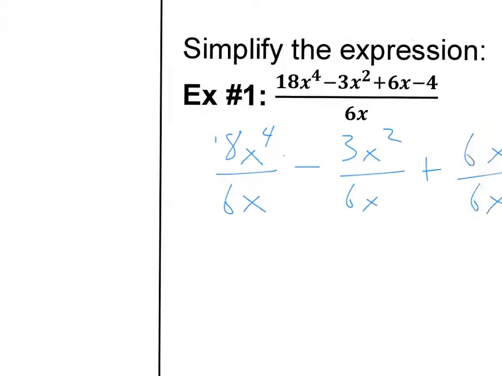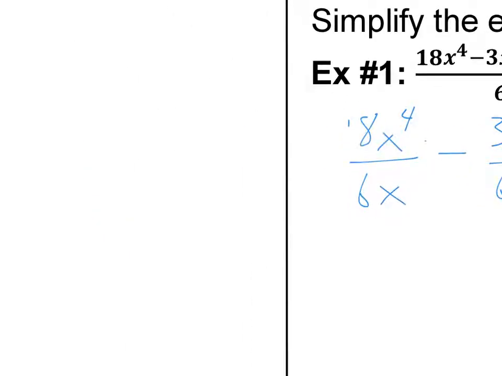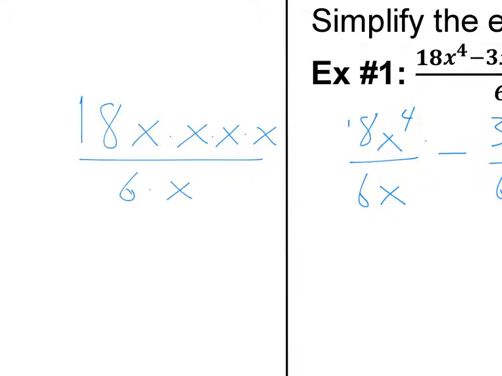And I want to talk about this first one. What does this really mean here? What I really have is an 18, and then x to the fourth is really like saying x times x times x times x, over 6 and then just 1x. Well, we can easily see that 6 goes into both 18 and 6, and we get a 3 and then a 1.